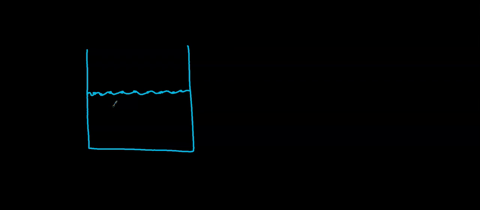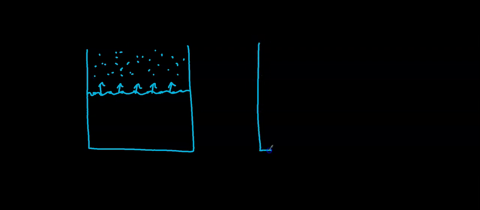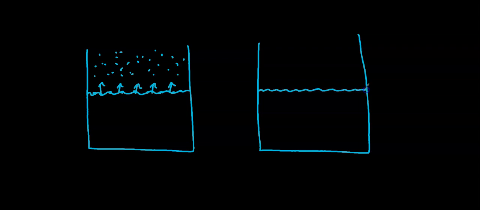That allows some of the particles to escape the liquid and become a gas. I'll try to exaggerate it. Remember, those particles in the gaseous state are moving around, colliding with their surroundings, exerting something called pressure. So vapor pressure is the pressure exerted by a liquid's vapor. When a liquid evaporates, the pressure exerted by the gas that is produced is called vapor pressure.